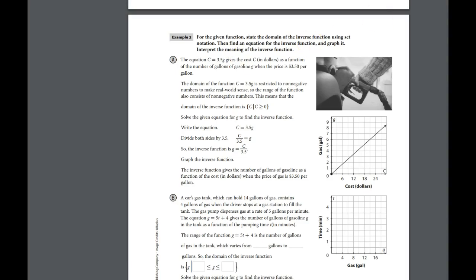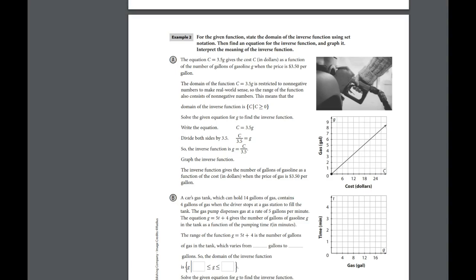Okay, so I'm going to start by finding the domain for the regular function. So the regular function says C equals 3.5G gives the cost C in dollars as a function of the number of gallons of gasoline G when the price is $3.50 per gallon. So the domain of this function is restricted.